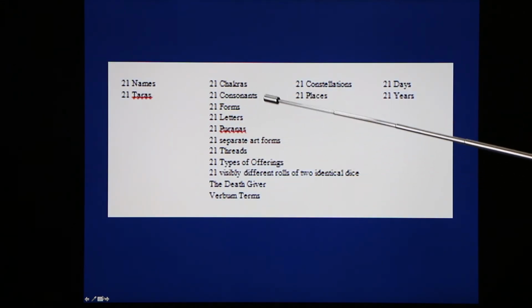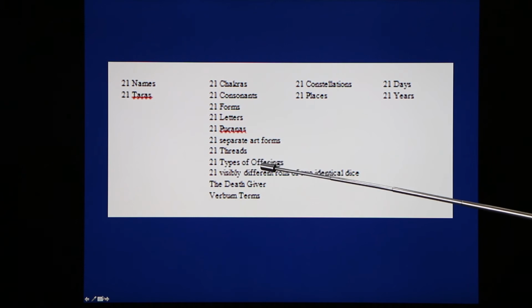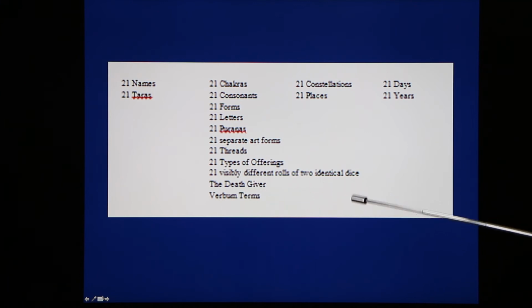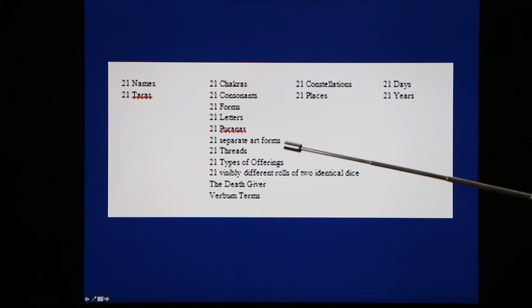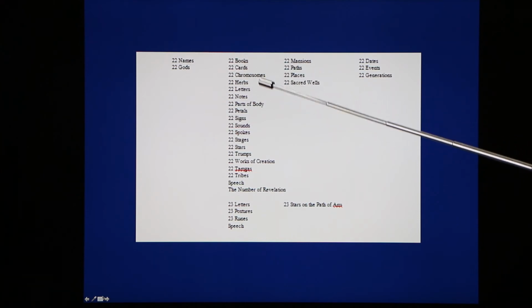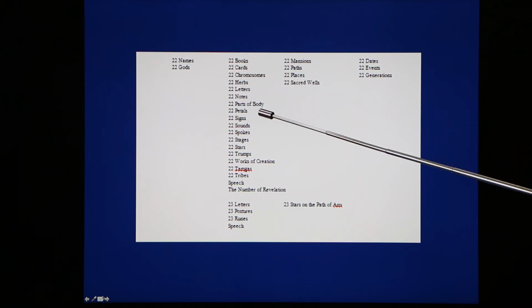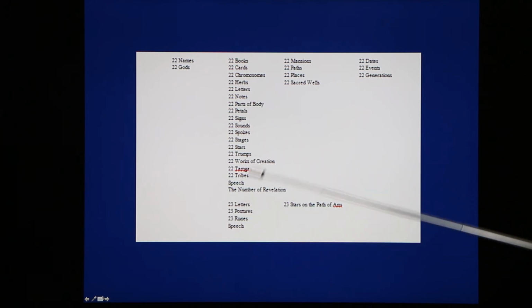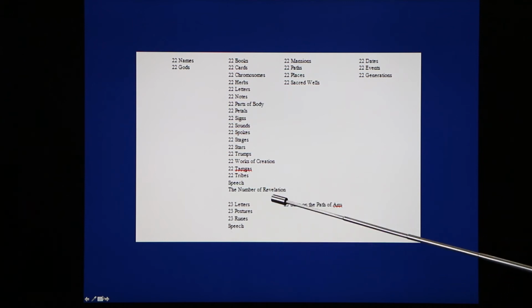Names, taras, chakras, consonants, forms, letters, Puranas, separate art forms, threads, types of offerings, visibly different roles of 2 identical dice, constellations, places, days, years. 22, well, we saw that's an extremely important number in the alphabet because of the 22-letter alphabets. Names, gods, books, cards, chromosomes, herbs, letters, notes, parts of the body, petals, signs, sounds, spokes, stages, stars, trumps, 1 is enough.